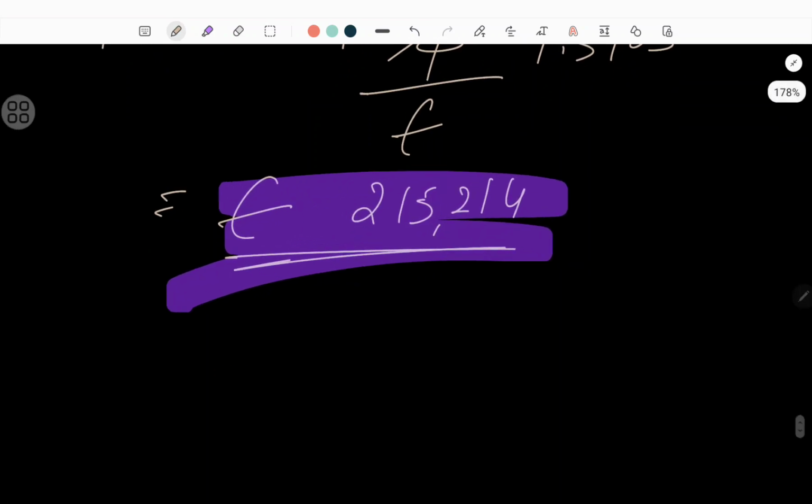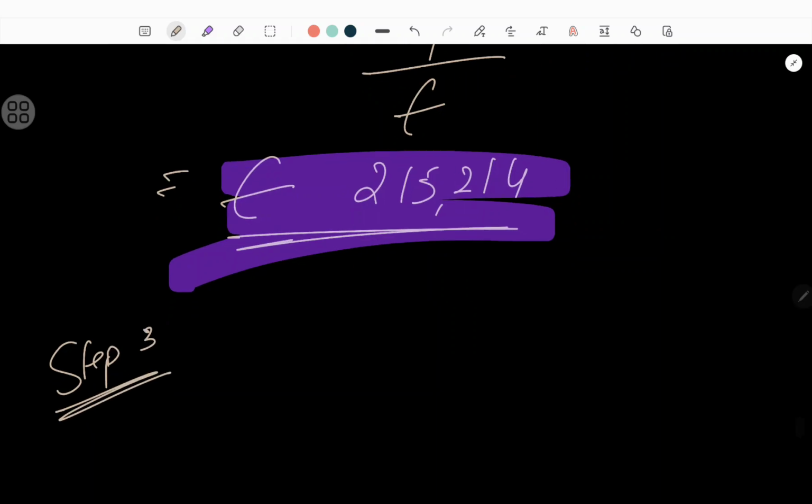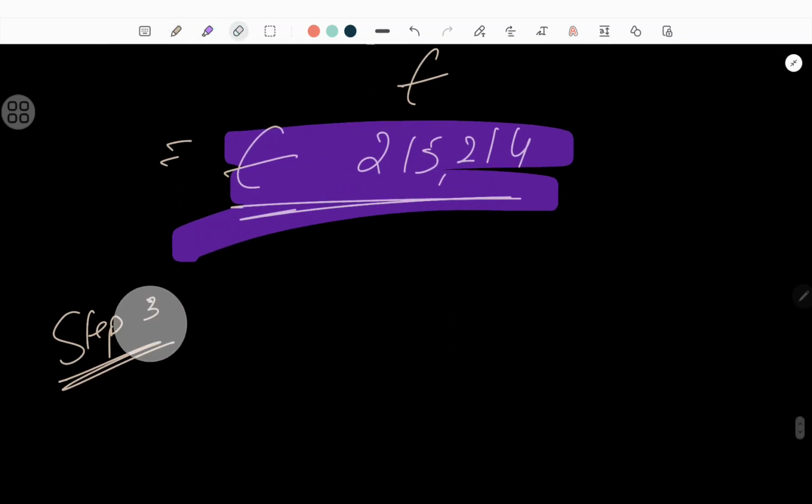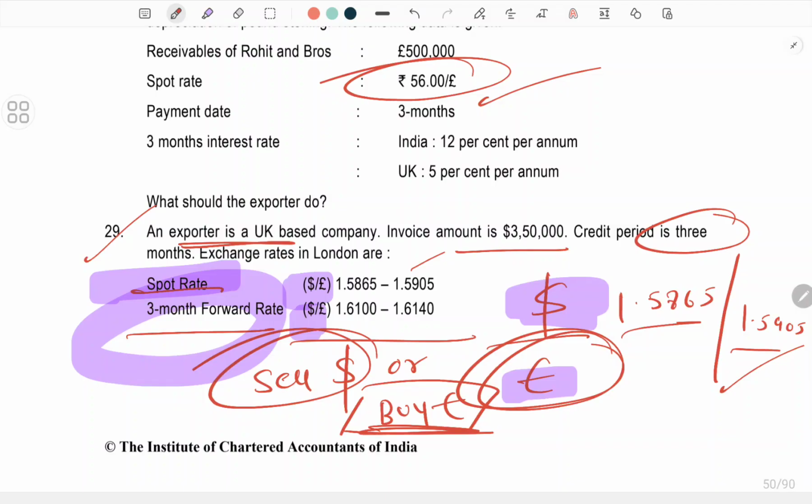Now what do you do? You'll keep these funds idle or what? No. Common sense says step 3 is, I could just write this in Roman as well, 1, 2, 3. Okay, so step 3 is I will invest these pounds. The exporter is from UK, so he'll invest in UK. So the investment rate, let's go back to the question.